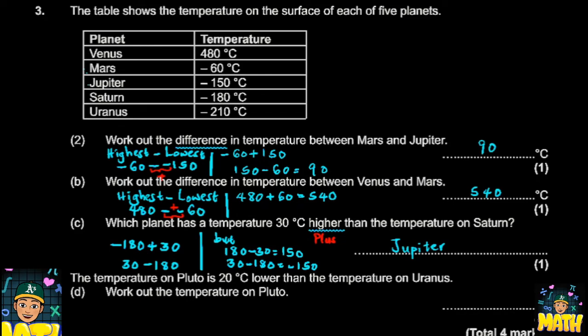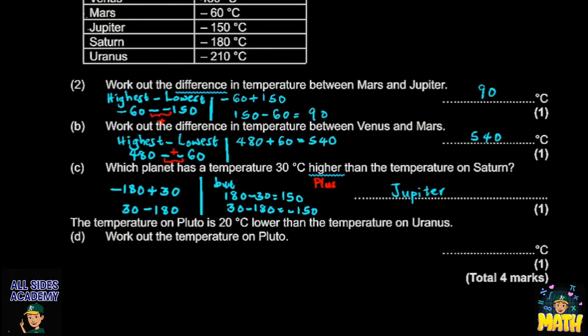All right, so the temperature on Pluto is 20 degrees lower than the temperature in Uranus. Work out the temperature on Pluto. All right, so when you're asked to find the temperature and it's 20 degrees lower, it means that we are going to subtract 20 from the temperature in Uranus. So identify the temperature in Uranus, which is -210, and if it's lower, we are going to subtract.